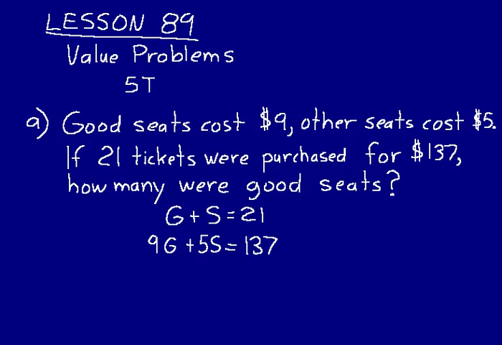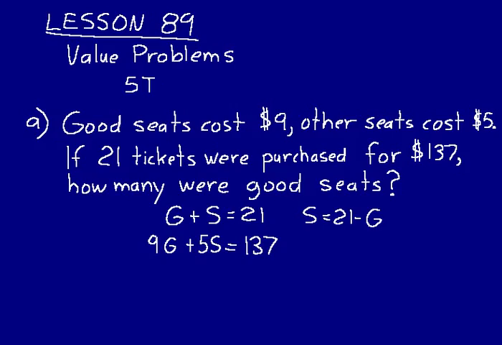Let's do substitution to solve this. I'll just go ahead and solve for seats on the top. I'll say S is equal to 21 minus G. By solving for seats, I can just substitute that into the bottom equation, and I'll have one equation just in terms of good seats, which is what I'm trying to get.